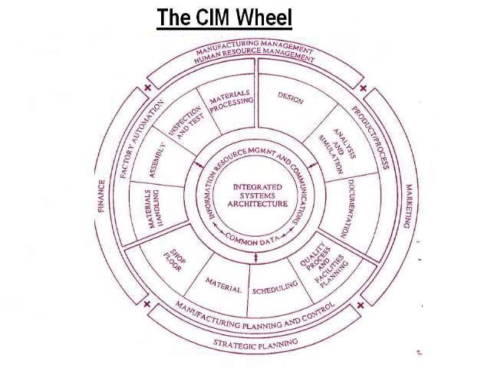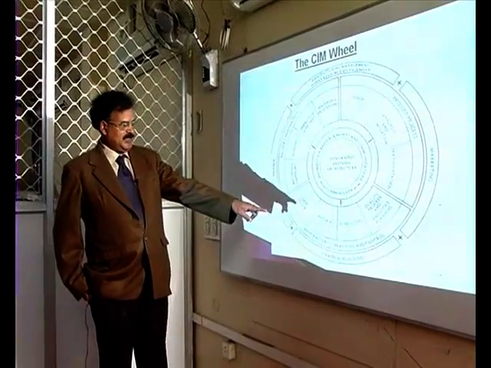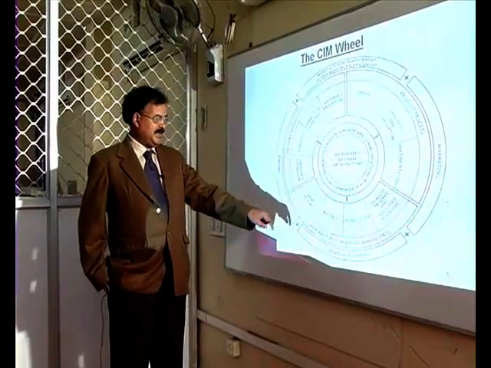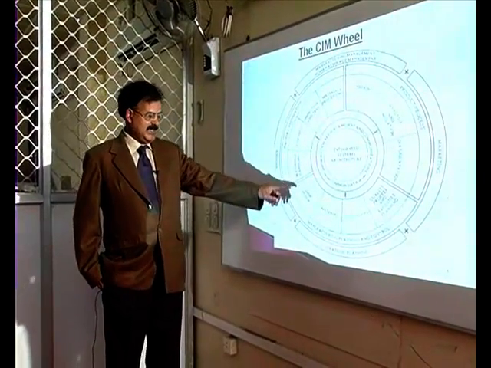See, the CIM wheel, people used to say this is the popular CIM wheel. Integrated architecture, information resource management and communications, and common database. This integrates all your material processing, design, analysis and simulation, and documentation. They are all scheduling, material management, material handling, shop floor.